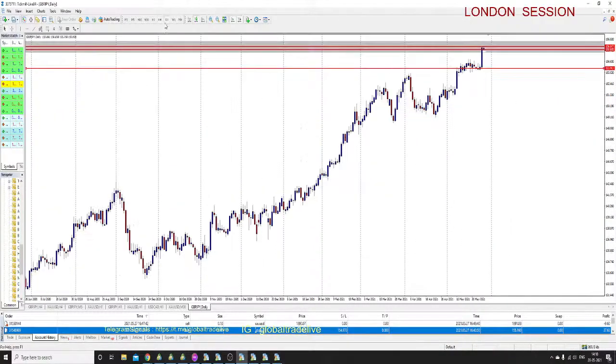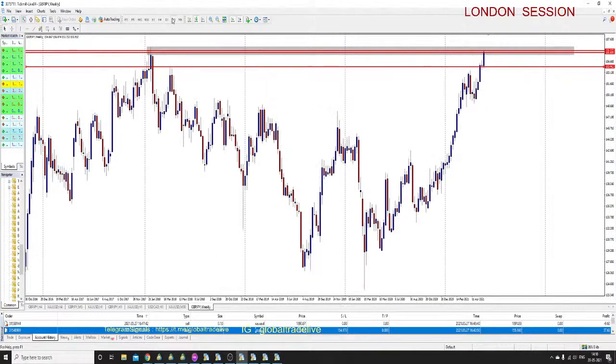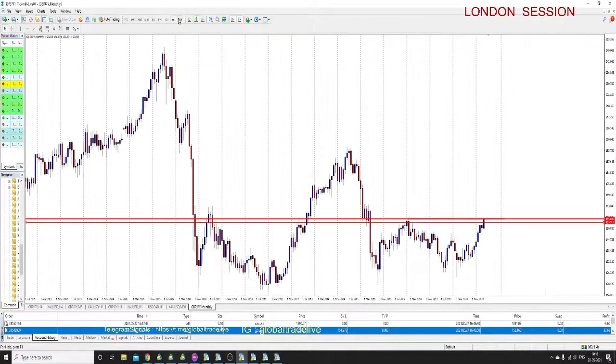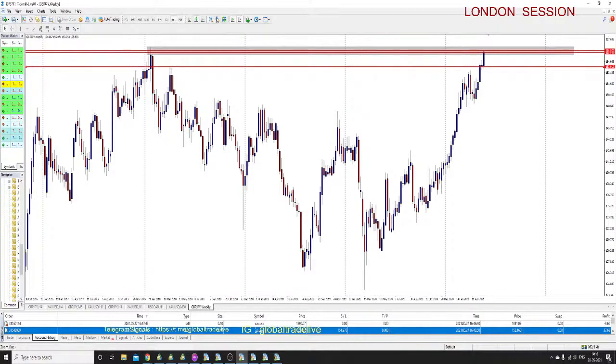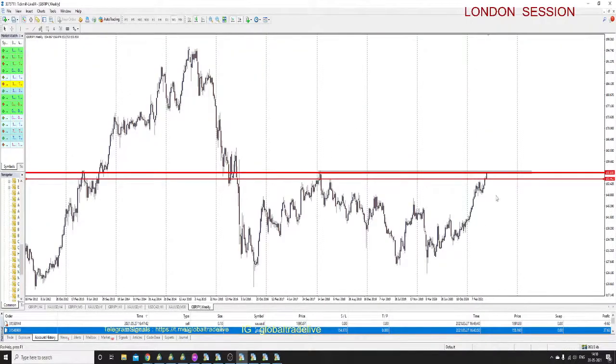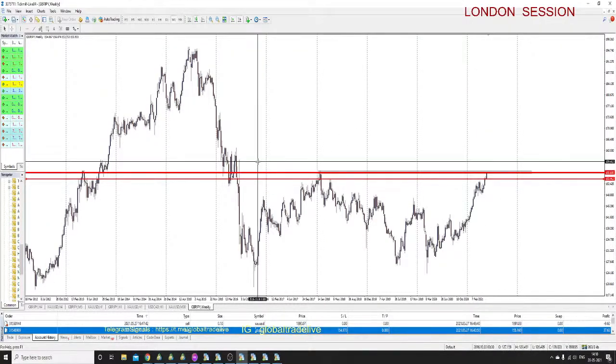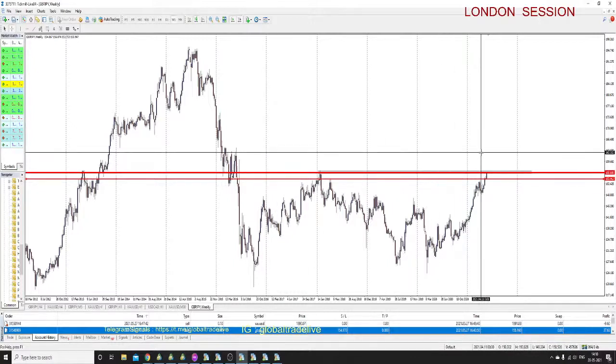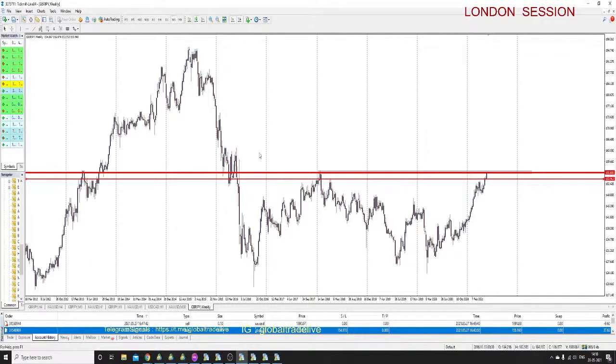So might be holding to trade. Because really now this area here should be the area.